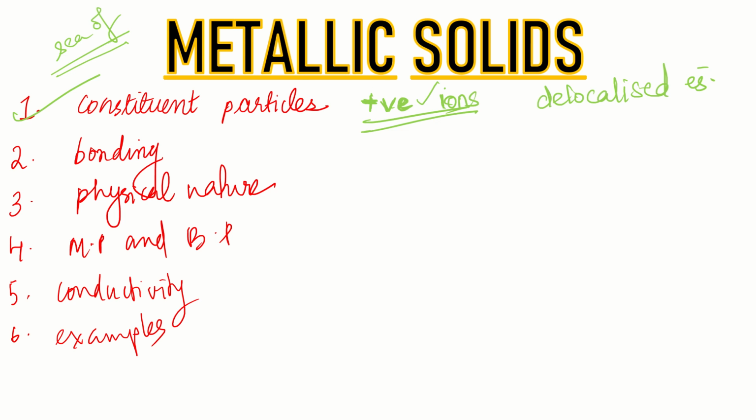Next we have what type of bonding. Let us understand the type of bonding. Here it's metallic bonding.